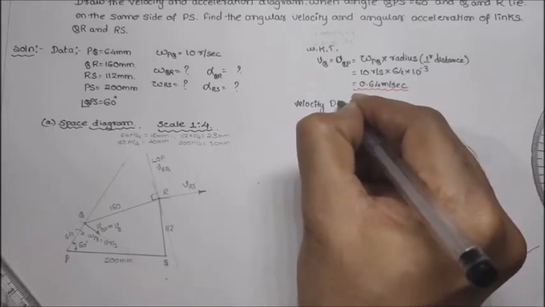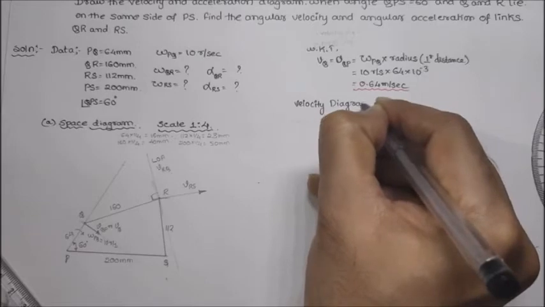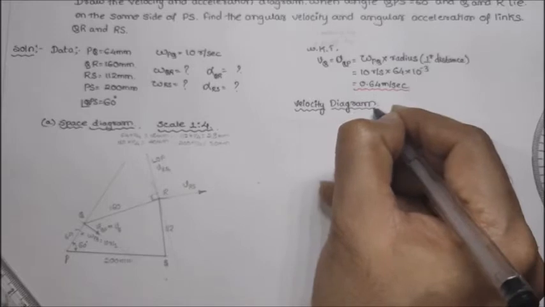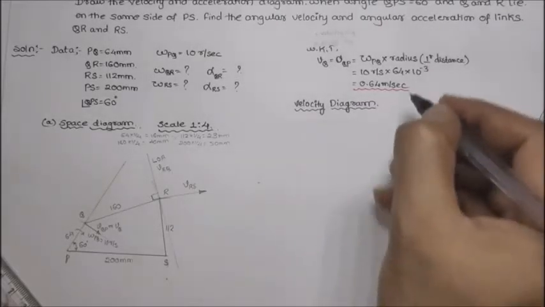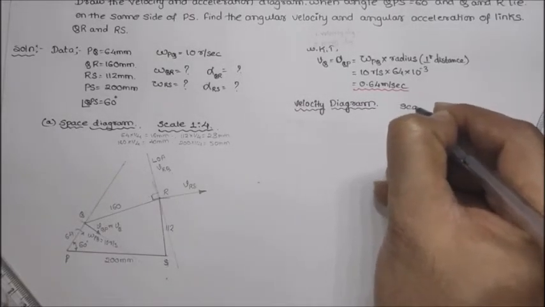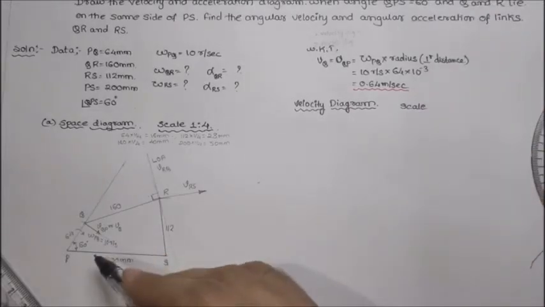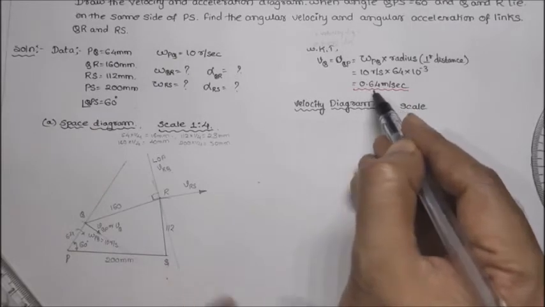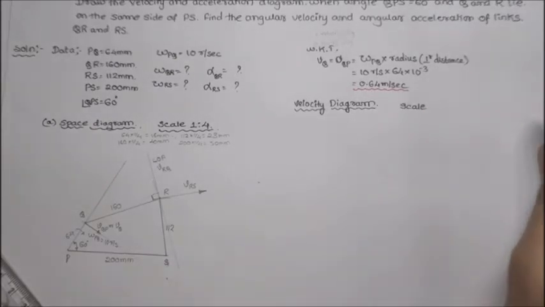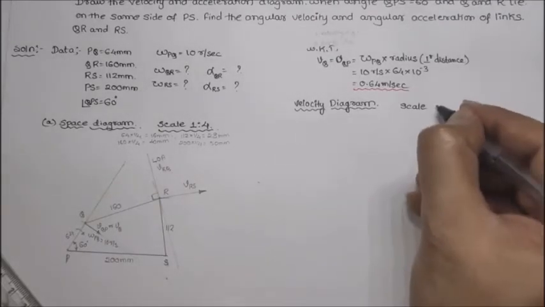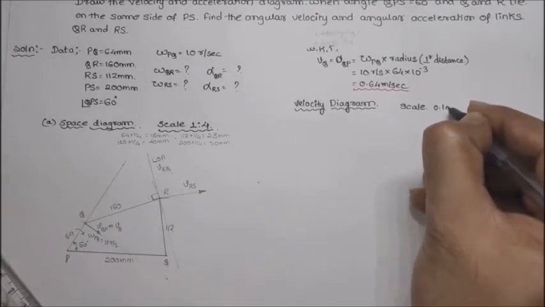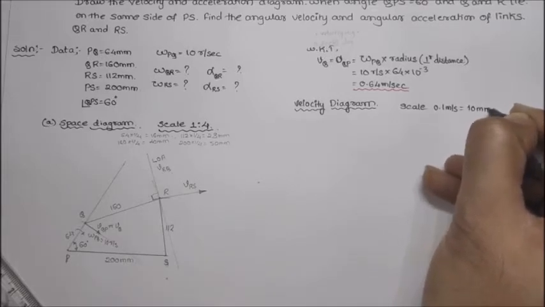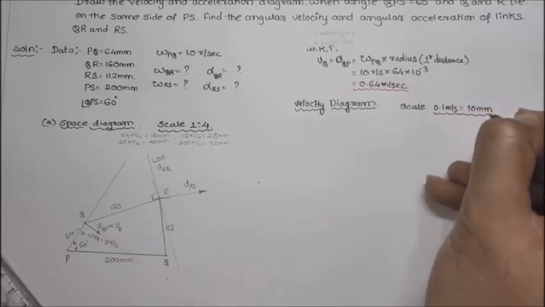For doing the velocity diagram, again we need to have the scale. We have here velocity of Q with respect to P as 0.64 meter per second. So here we'll take a scale of 0.1 meter per second equal to 10 mm. So using this scale we'll do.